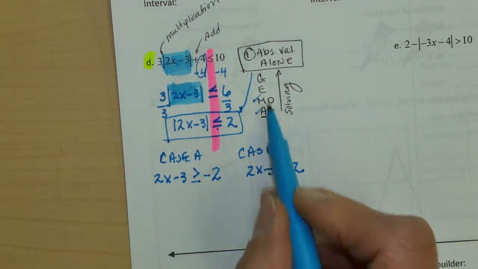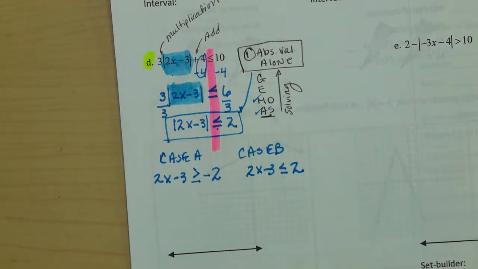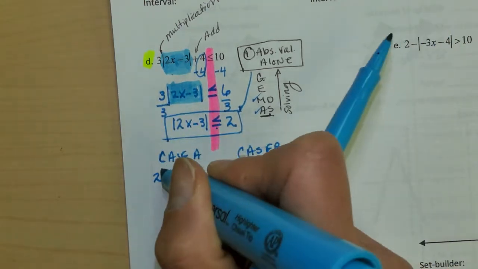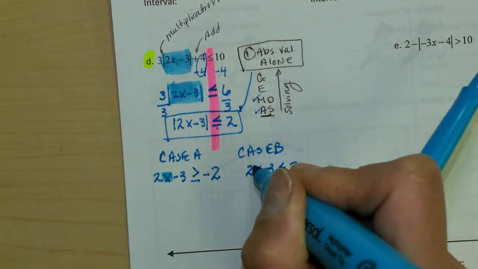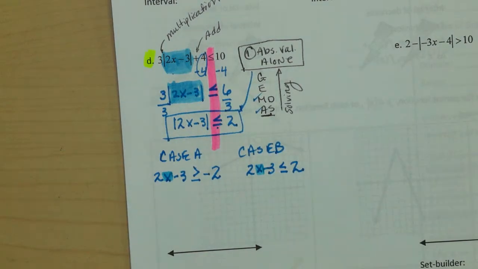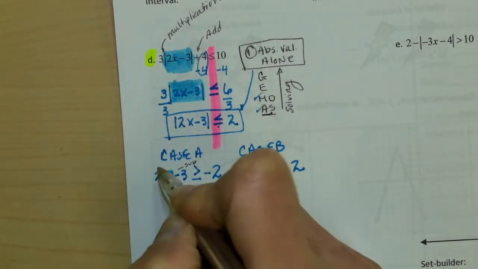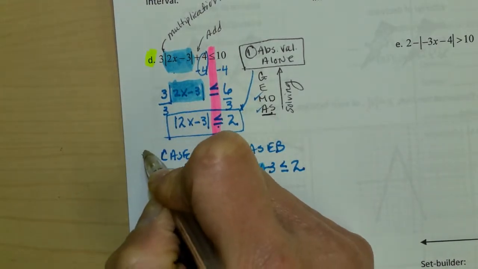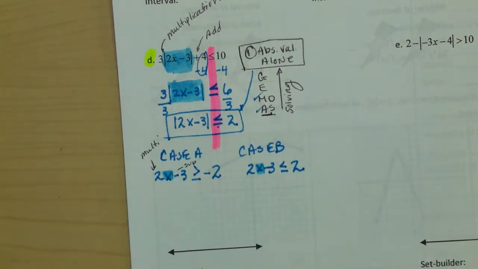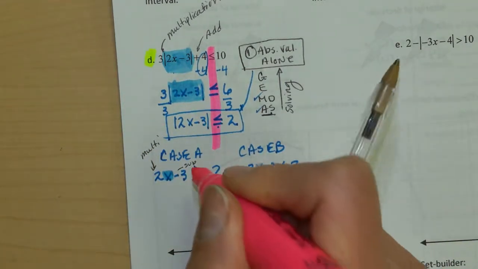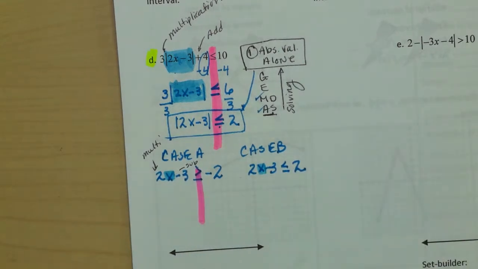Now the same rules apply. What am I doing? I am trying to solve for x. What is happening to my x? I have something being subtracted and something being multiplied. And I also have this great divide.